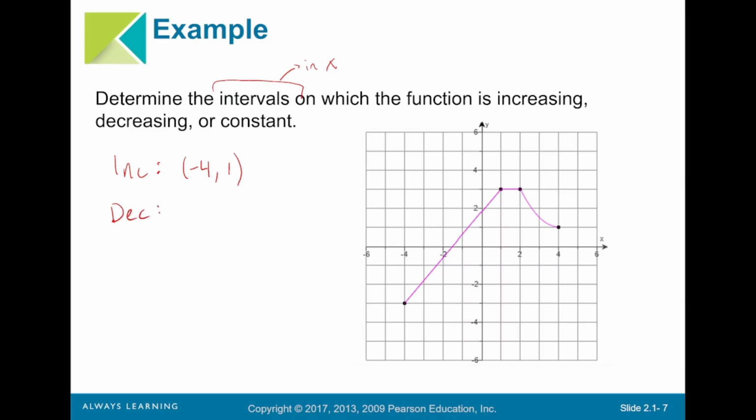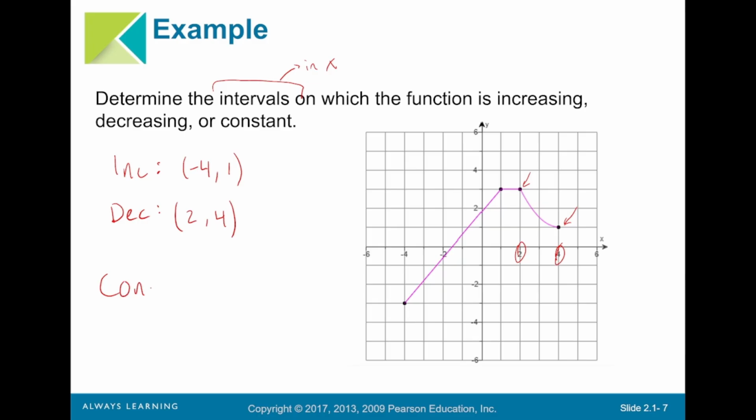Decreasing. Now we can see it's decreasing from right in here, which is at 2, until right in here, which is at 4. So we are decreasing, again, open interval, from 2 to 4.